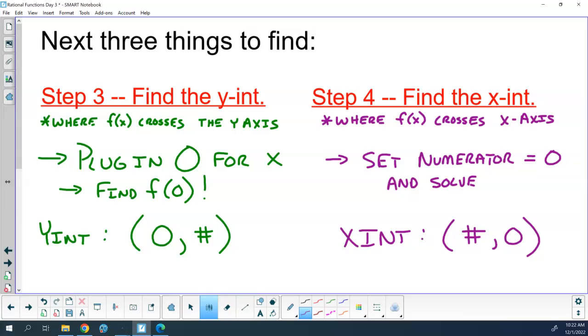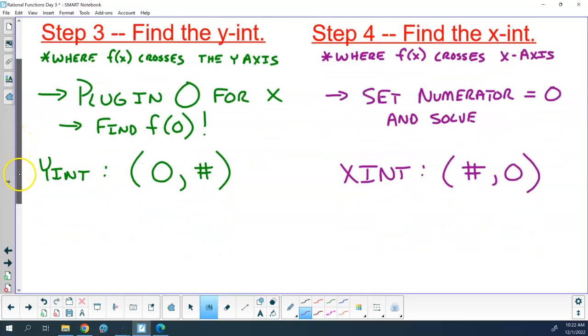So those are the first 4 steps. Now you should have 4 steps on your note sheet. We're going to skip some space for step 5, and we're going to skip some space for step 6, and we're going to go to step 7.